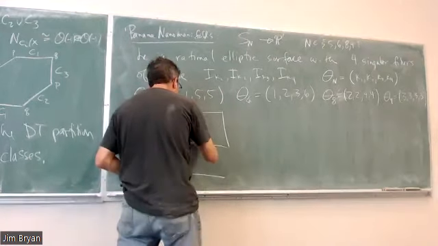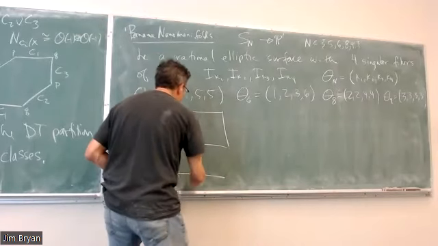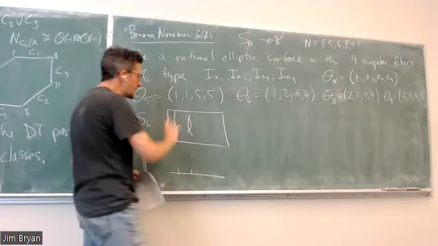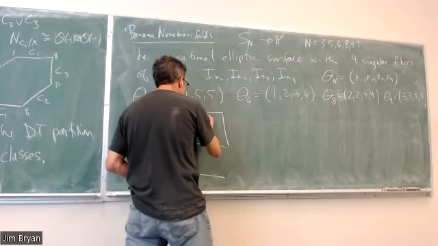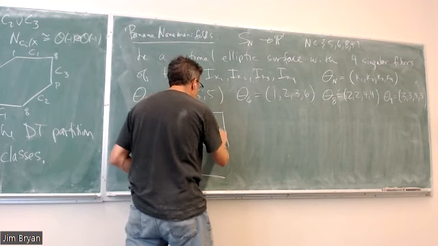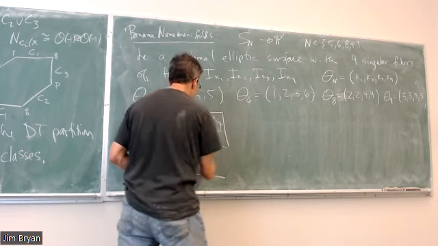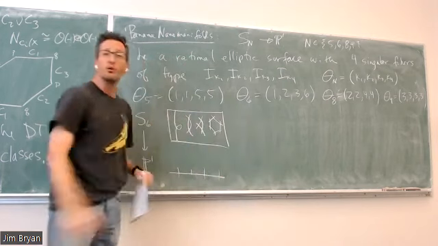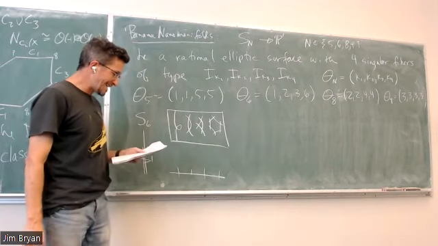I've got a singular fiber of type I2, which is a cycle of P1s. Then I3 is a triangle of P1s, and finally a hexagon of P1s. That's the 1, 2, 3, 6.